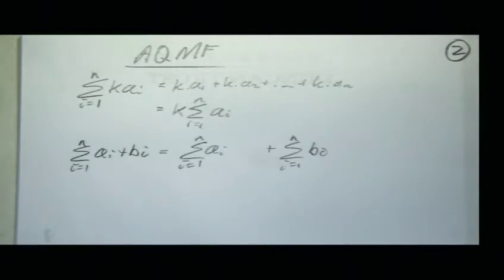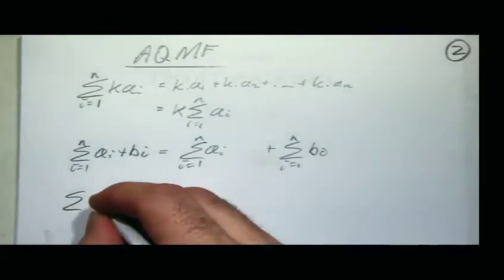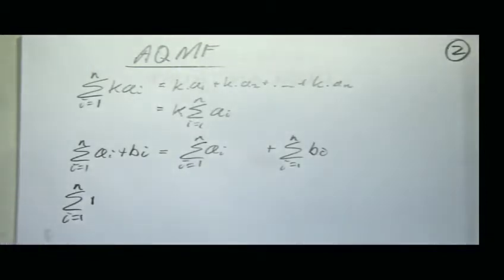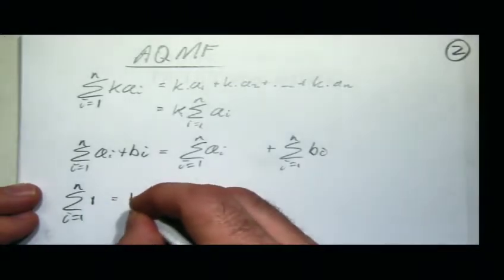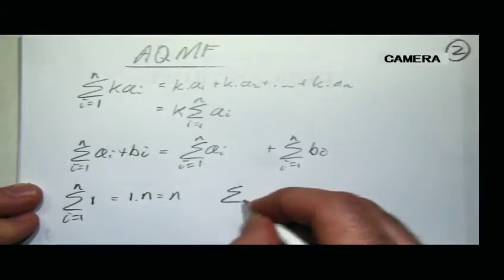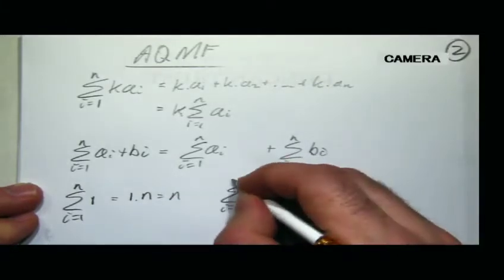I'm just going to include the sum of 1, i equals 1 to n. This is a situation where those limits of summation are important because they're telling me how many numbers I'm adding. So this is going to be 1 times n, or just n. We'll include the other one, the sum of i from 1 to n.